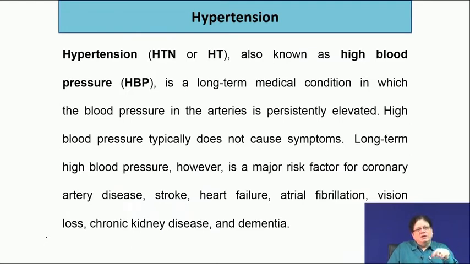And the whole thing is narrowed down because of the deposition of mainly cholesterol, and that is what is called atherosclerosis, where there is deposition of cholesterol within the walls of the artery, narrowing the artery. So, that is another reason. Higher cholesterol means at some point of time you are going to have this deposition of cholesterol, and that will also be a causative agent of high blood pressure.